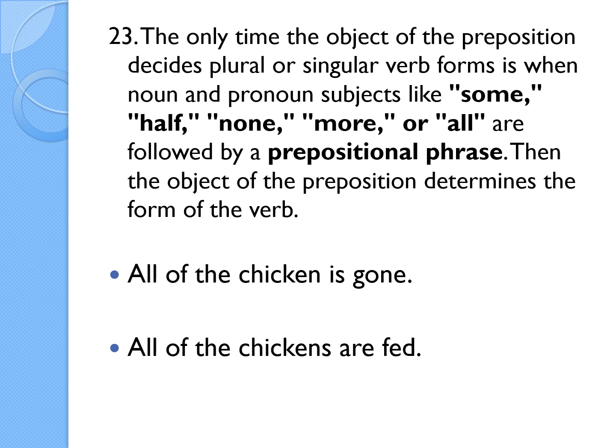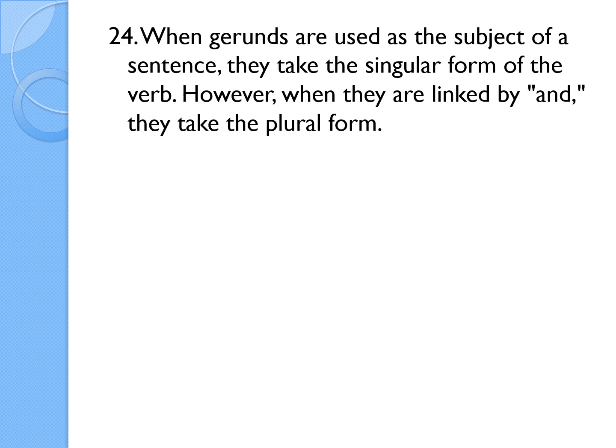It is plural. That's why we have to use a plural verb. So we just remember for the words some, half, none, more, all, look at the prepositional phrase. If the prepositional phrase is singular, use a singular verb. If the prepositional phrase is plural, use a plural verb.